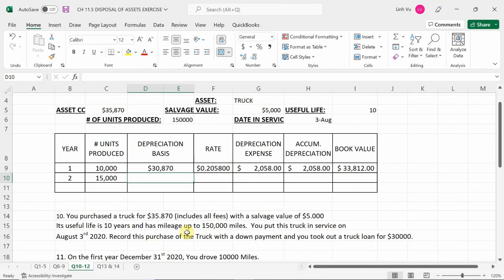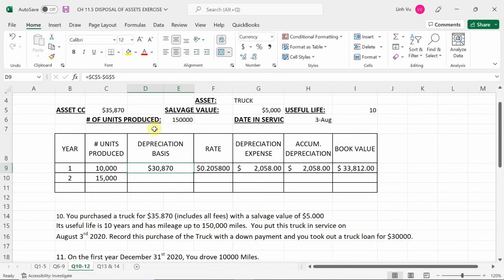So what's my depreciation basis? So would you subtract the 15,000 from the 33,812? No. In this case, this is units and that's a cost. There's no way you can do that.